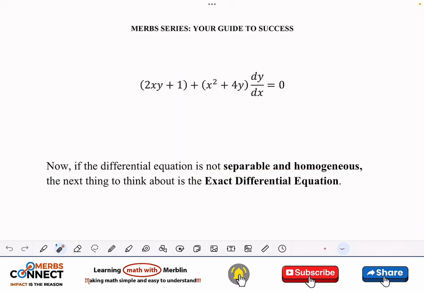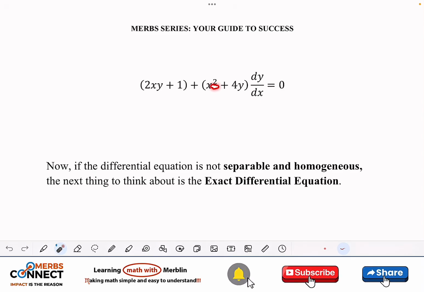Now, if the differential equation is not separable and not homogeneous, then the next thing we need to think about is the exact differential equation. So we can see that this function here is not linear, this function here is not separable, and this differential equation here is not homogeneous. Can you see that? Because look at this.